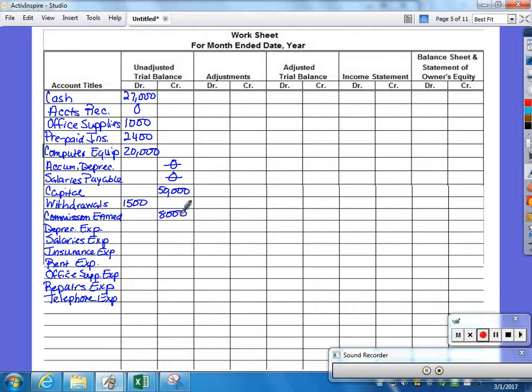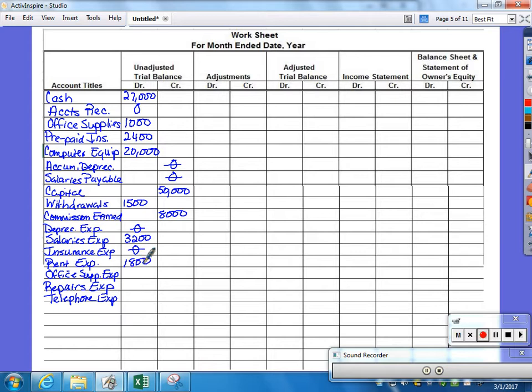Depreciation expense, 0 on the debit side. Salary expense, 3,200 on the debit side. Insurance expense, 0 on the debit side. Rent expense, 1,800 on the debit side.